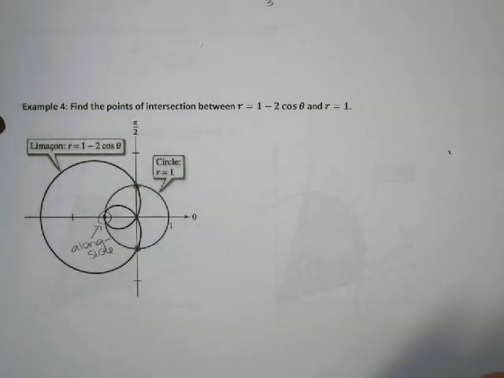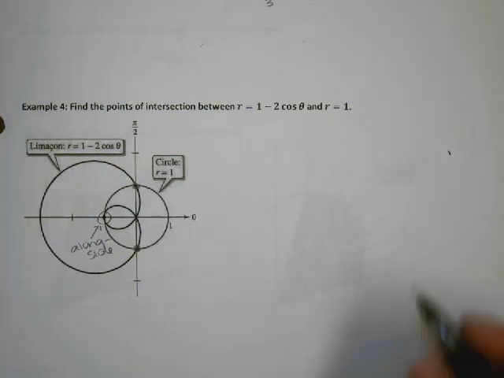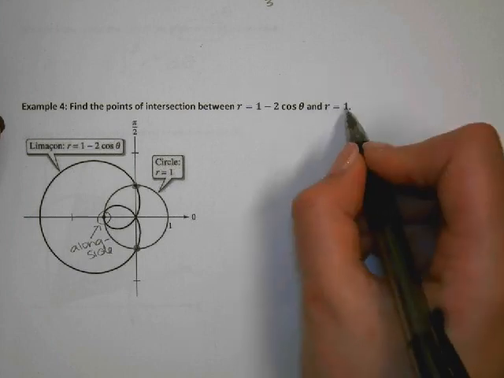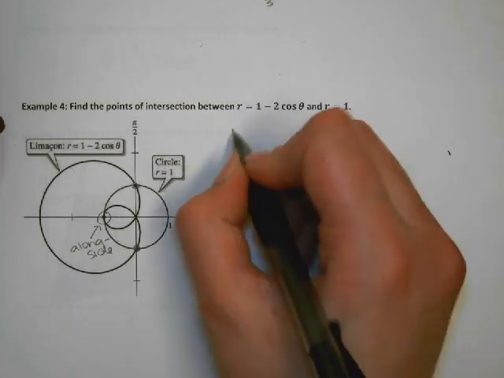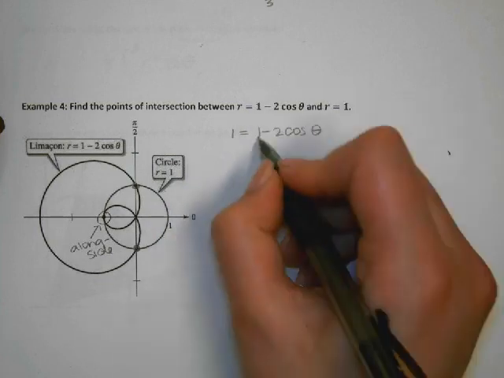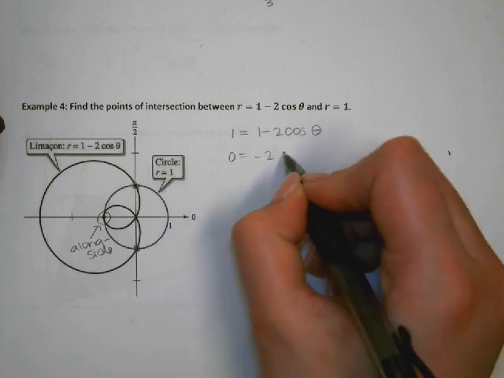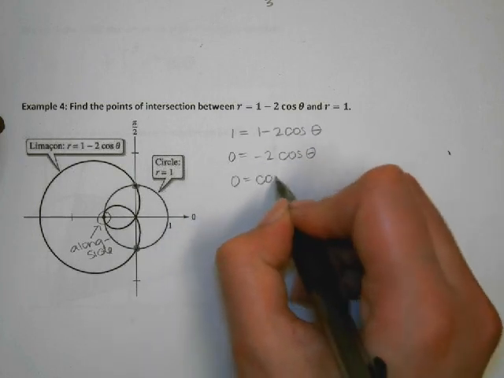And you can actually tell what the intersections are just by looking at the picture, but we're going to go ahead and do it by hand anyway. So if r equals 1 and I want to find the intersection, then I'm going to take this 1 and plug it in for r. So I'll minus the 1 over, and I'll divide by -2.